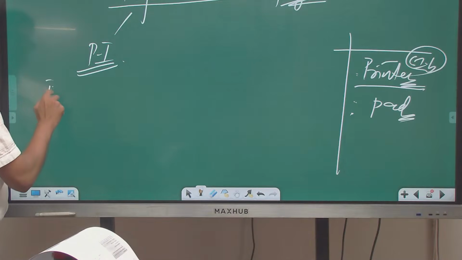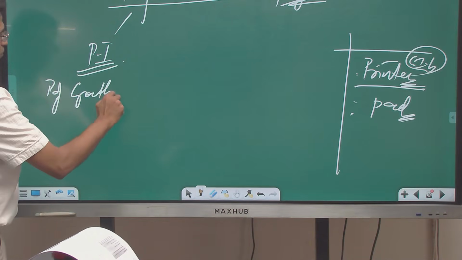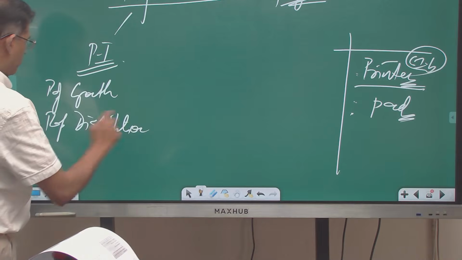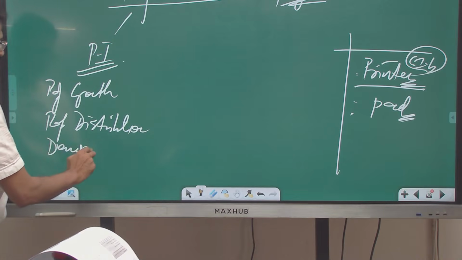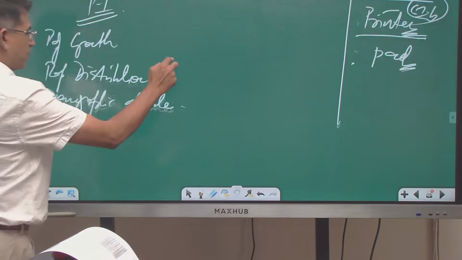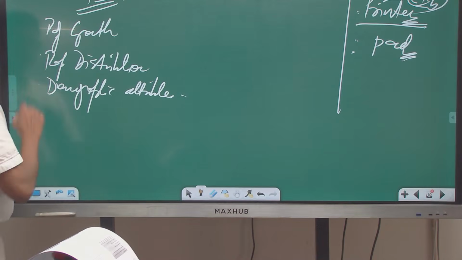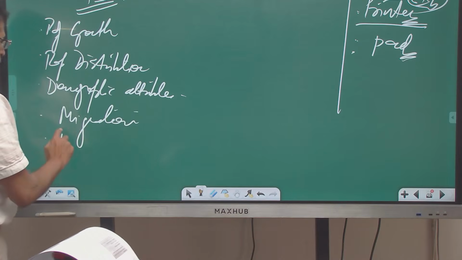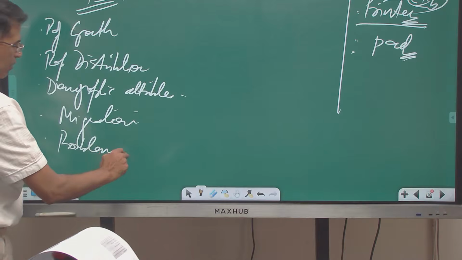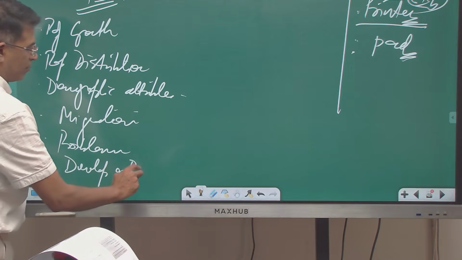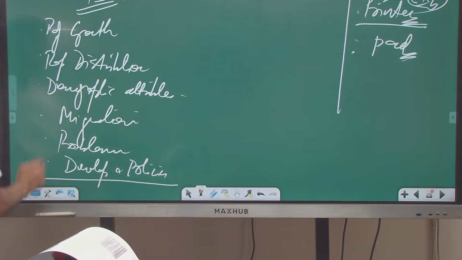It includes population growth, population distribution, demographic attributes, migrations, population problems, population development and policies. Broadly, these are your headings. Write them down, all of you.